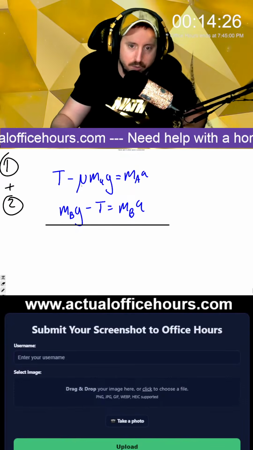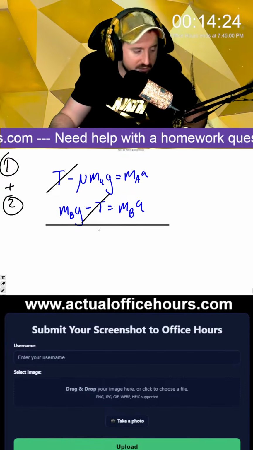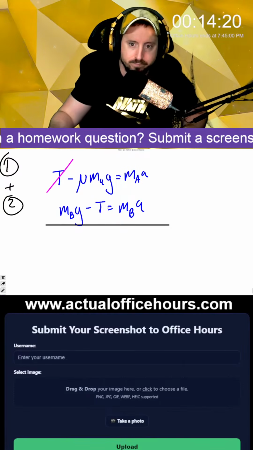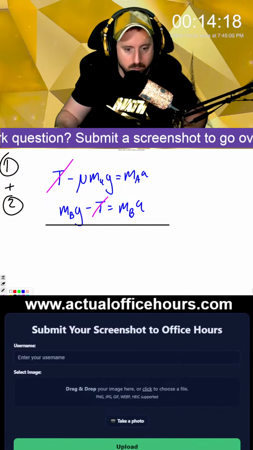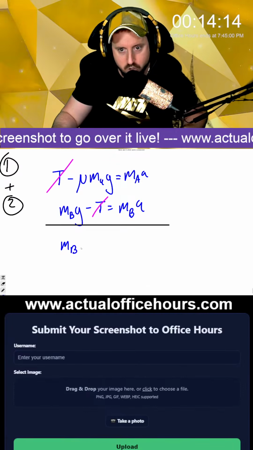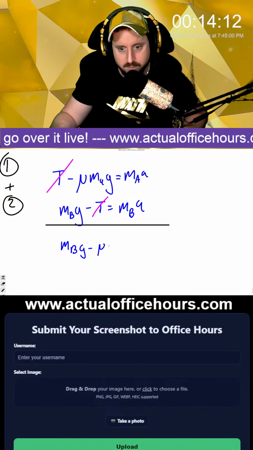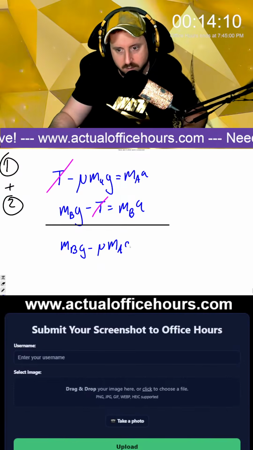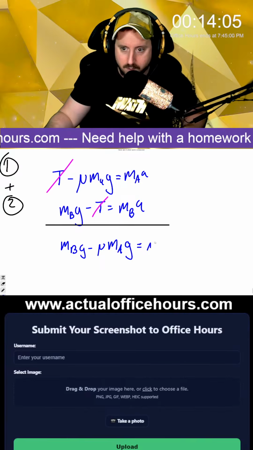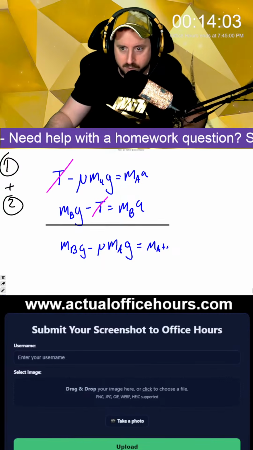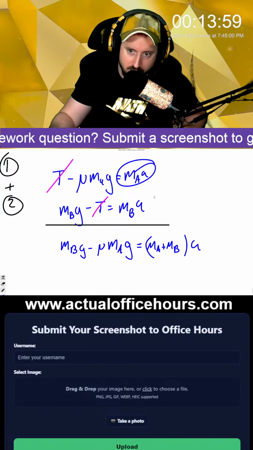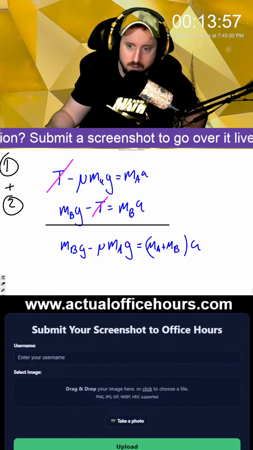So when you add these, the cool thing here is that this is plus T, this is minus T. That goes away. Okay, and now I'm just left with MBG minus mu MAG is equal to MA plus MB all times A. You see how, because this is the same A, right?